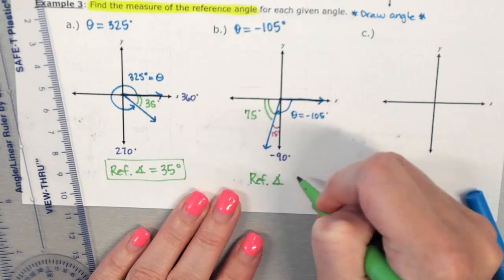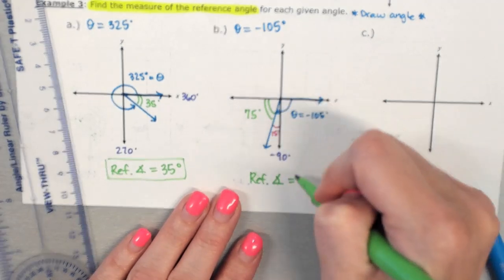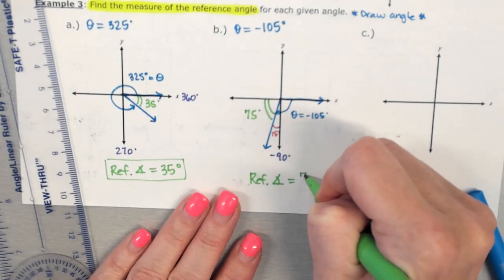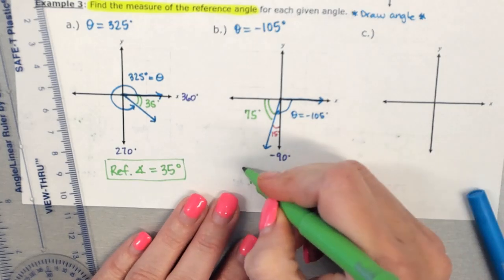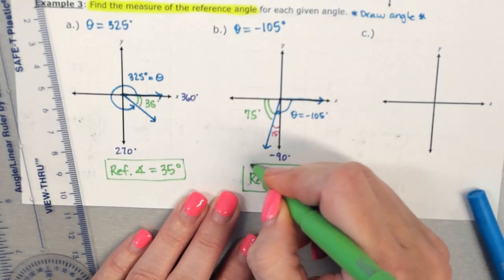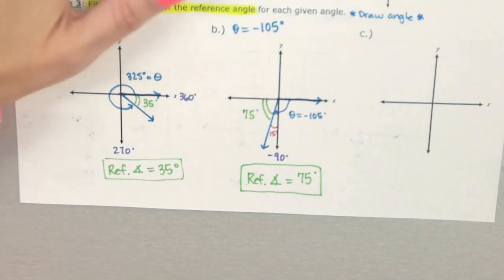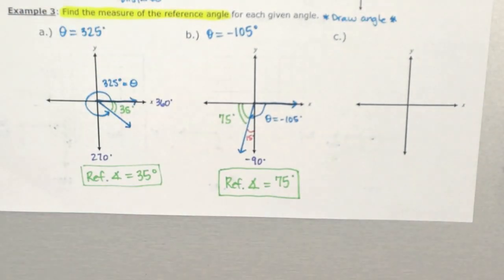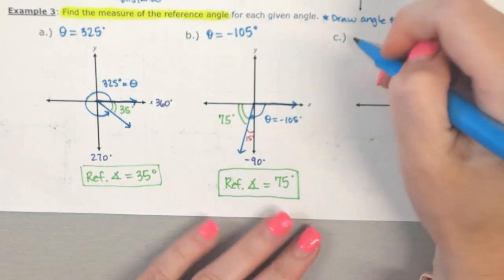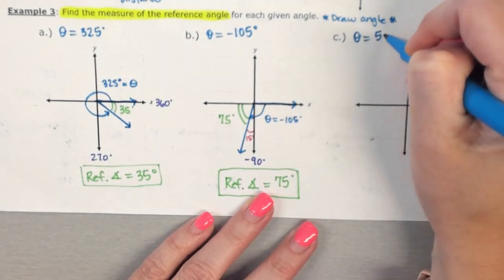Yeah, so it's all about these quadrants here. Remember it's going to be 90. Sometimes people forget and do 100 because we're used to doing that whole value there. So that will be 75. All right, and then go ahead and try the last one when you're ready.